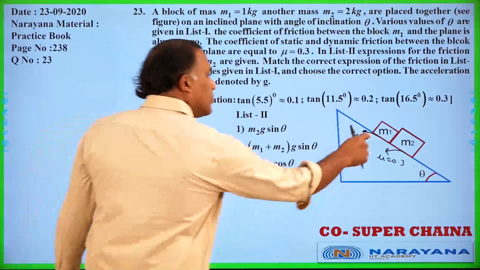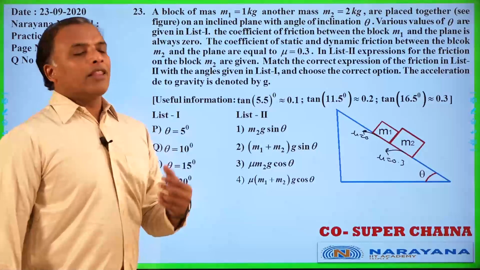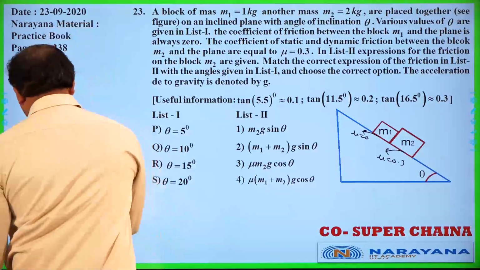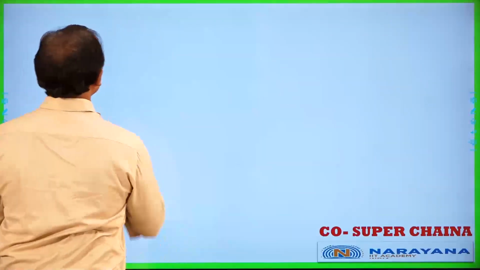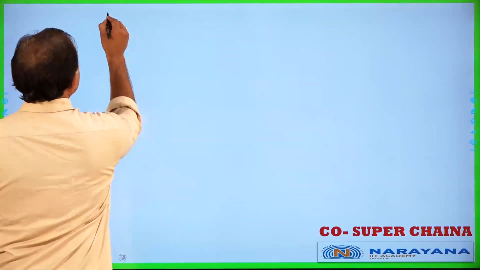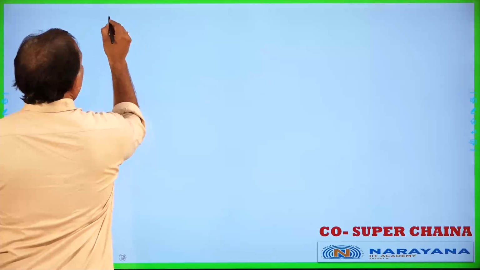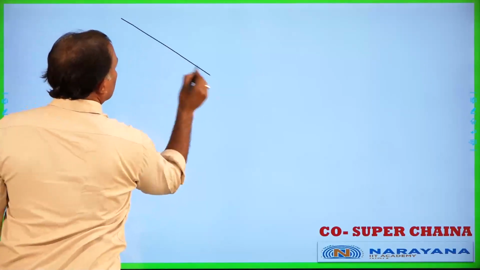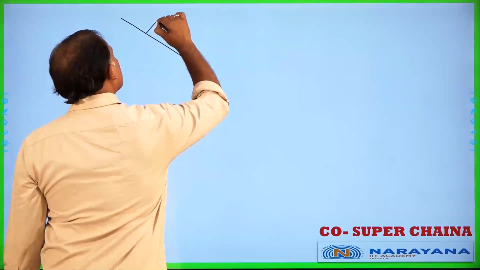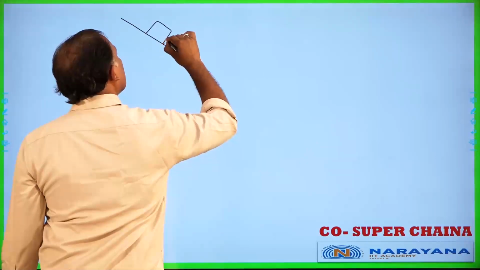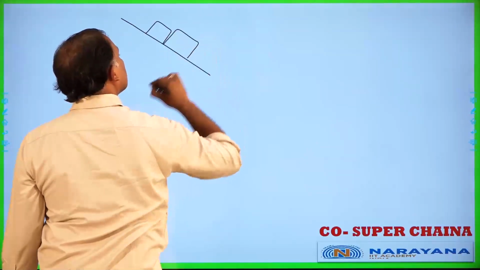Yes, first let me find at what angle both the blocks will start moving. Angle of repose, let us find first. At what angle will both the blocks start moving? So, see here, this is M1 and this is M2.